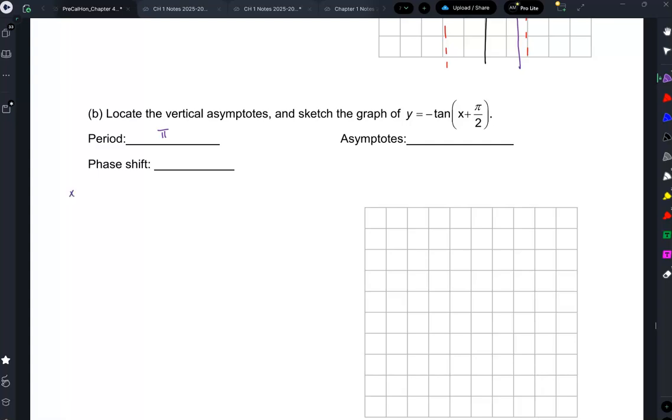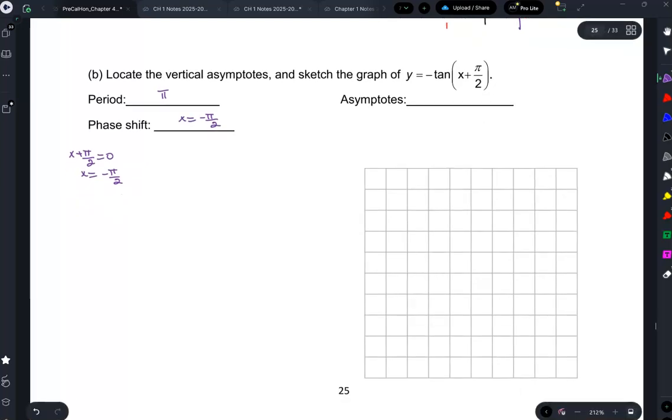Okay, so phase shift. X plus pi over 2 equals 0. X is negative pi over 2. Okay, so negative pi over 2, and then in the middle I put x plus pi over 2.